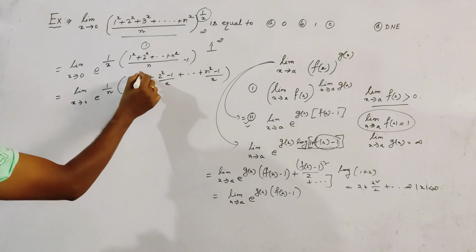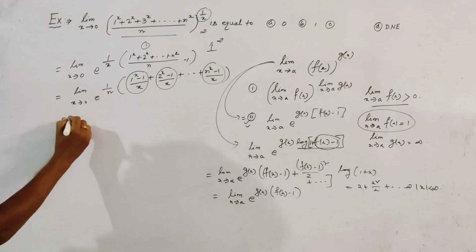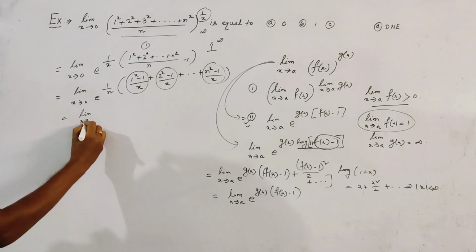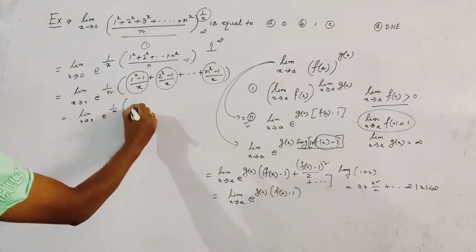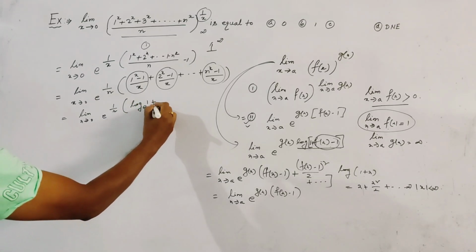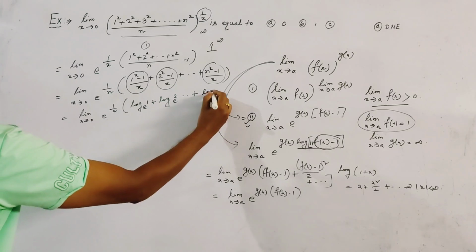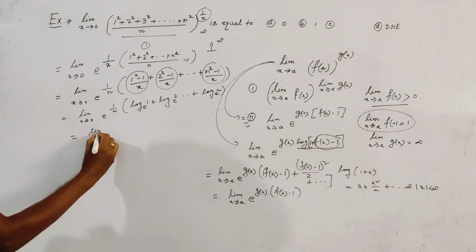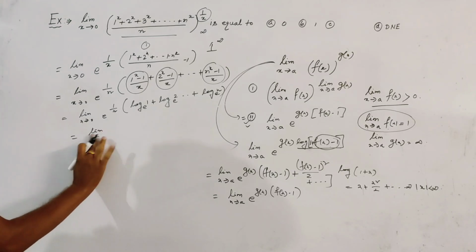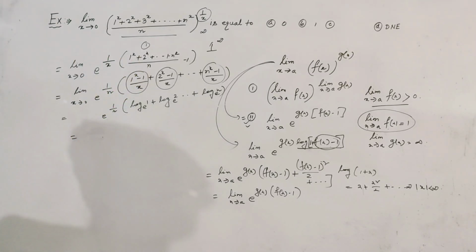We know the formula of this limit, and we get limit x tends to 0 of e to the power 1 by n into (log 1 plus log 2, and so on, plus log n). Here we cannot write the limit again because we already used the formula and took the limit x tends to 0.